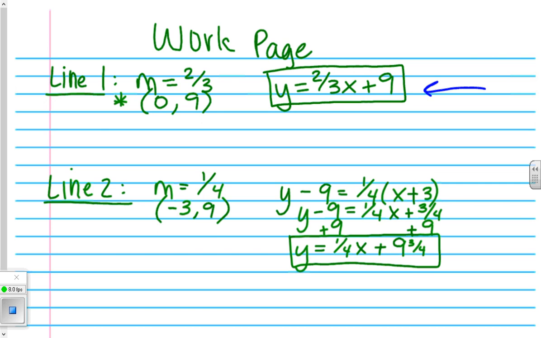So when I flip through your work page, I should see both of these examples. Some where you have point-slope, some where you didn't need it, but no matter what, every line should be labeled with the line number, the given information, here and here, and then either your work or your equation if it's an easy step, okay?